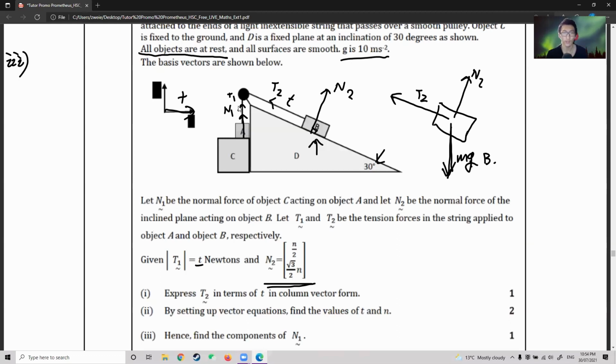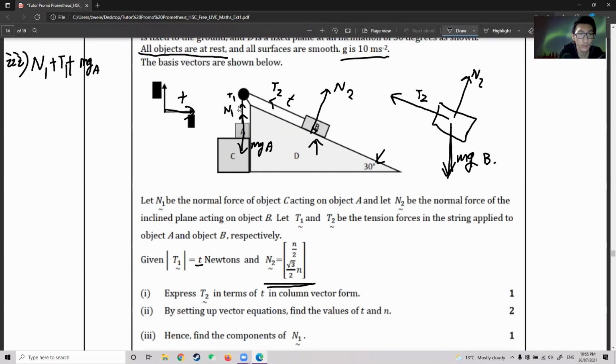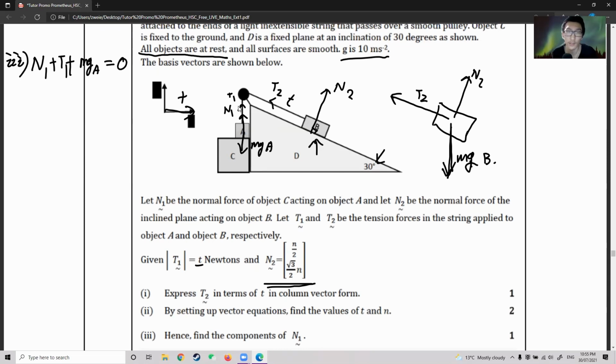So now it's asking for N1, and how do we find N1? We'll be using the fact that, again, it is stationary. So I know that N1 plus T1, and then plus mg of A will be equal to 0. Again, all objects are at rest. That's what I can use.